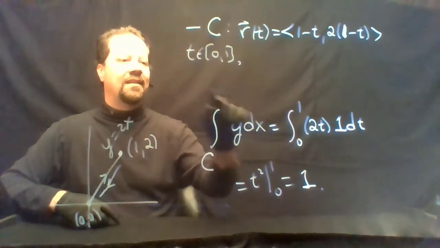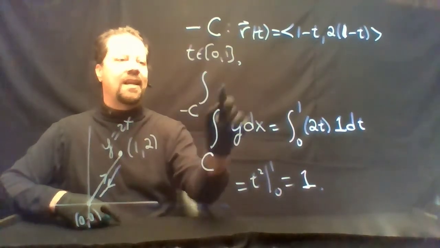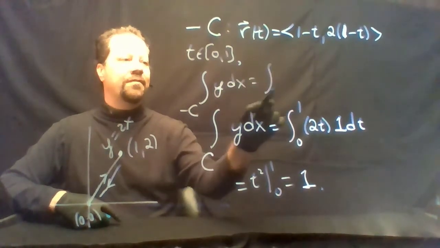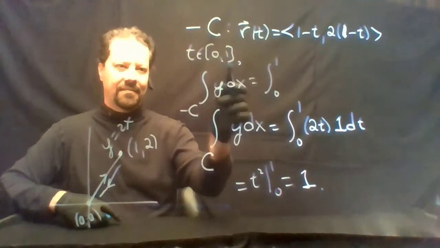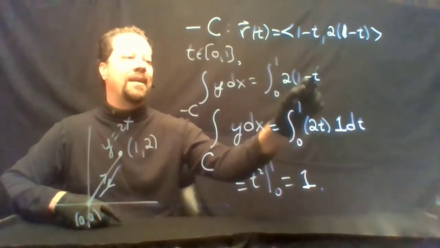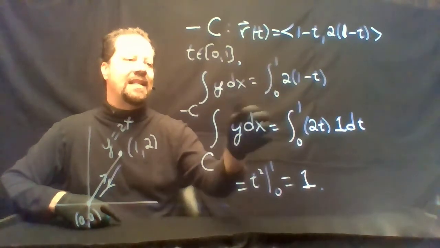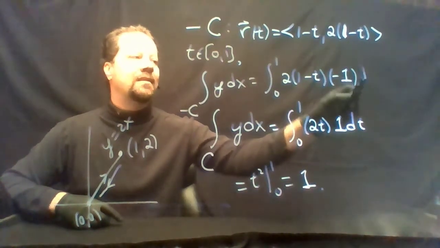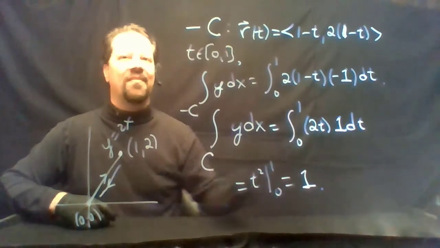You can see that the integral along minus C of y dx will be the integral from 0 to 1. y in this case is 2 times 1 minus t, and then dx will be negative 1 times dt.